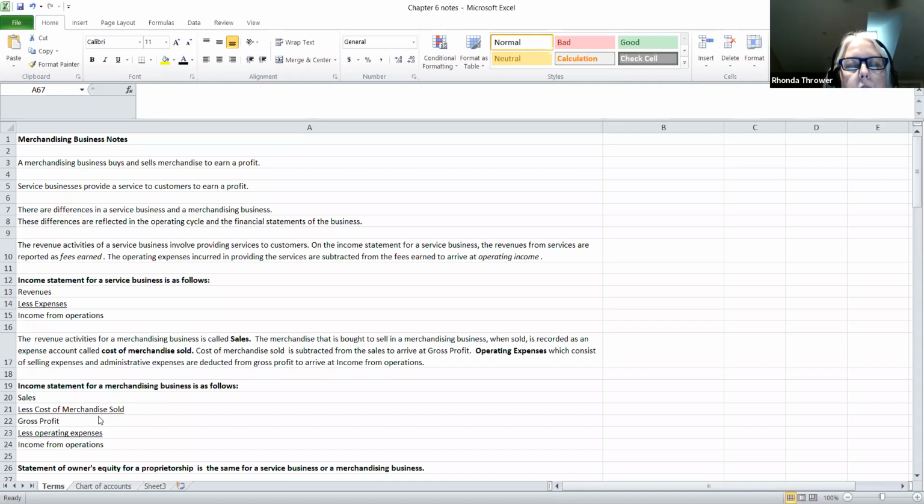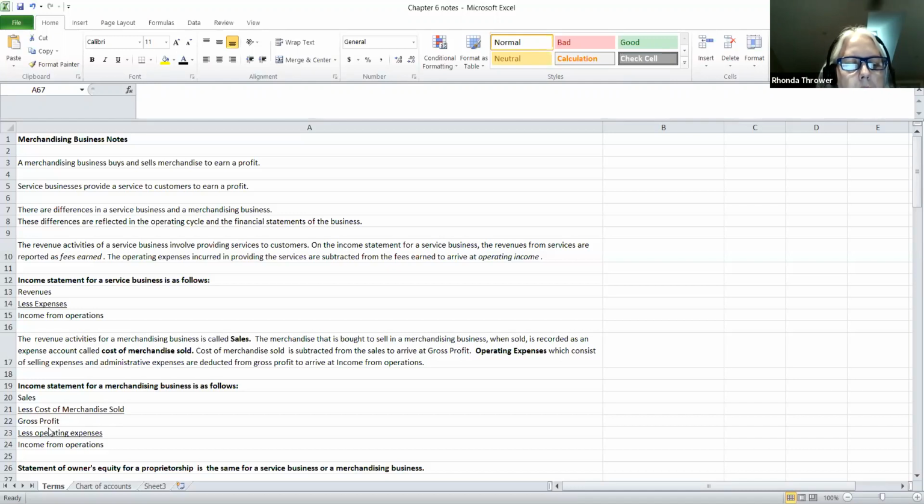And cost of merchandise sold is an expense account. So cost of merchandise sold will increase on the debit side because it is an expense account. And cost of merchandise sold is recorded on the income statement.